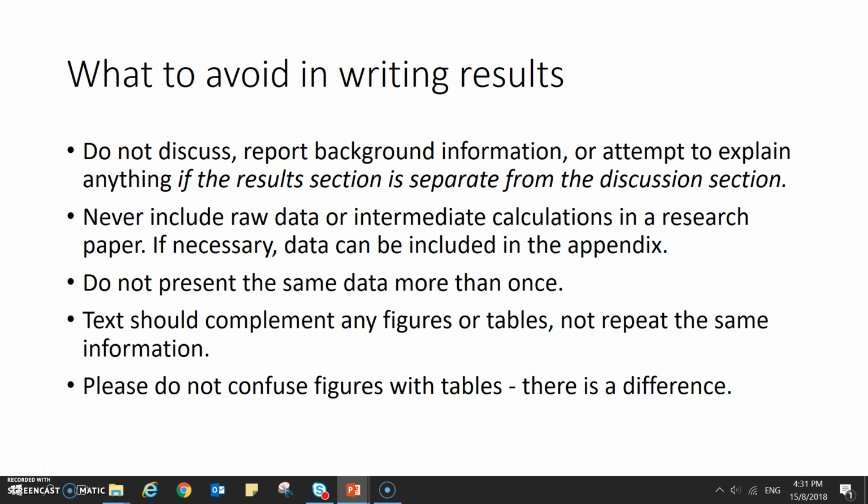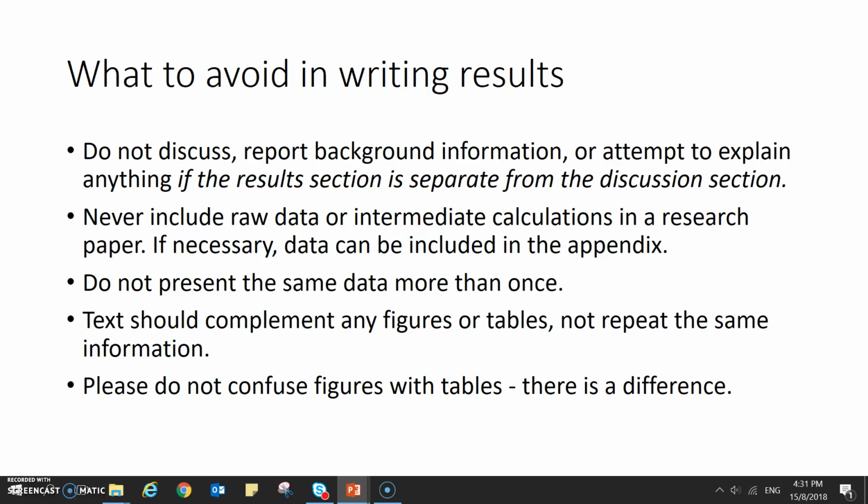However, if it is together, combined, then you can make the discussion of significant findings after showing your results. Remember never to include raw data or intermediate calculation in the research paper. If you want to, these raw data can be included in the appendix if it's necessary.